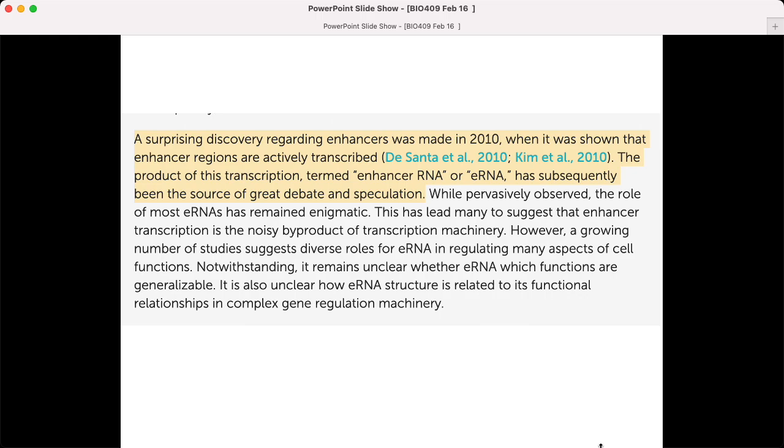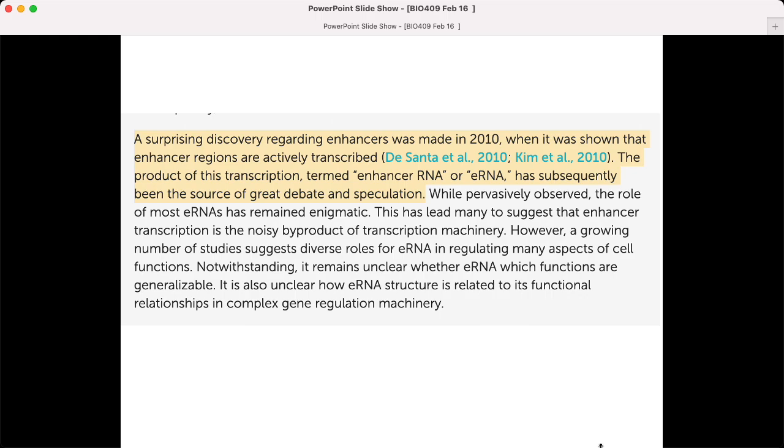Here's one. A surprising discovery 10 or 15 years ago: we say, here's the enhancer, here's the transcription factor, and the DNA is going to bend and bring it to that preinitiation complex and RNA polymerase, and it's going to do its job there. So the enhancer could be way over here, but it's tethered, like on a leash, and it can get bumped there.